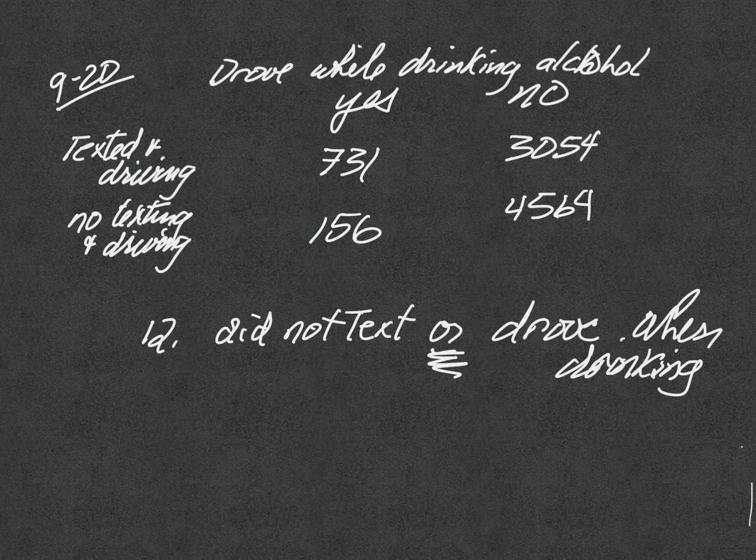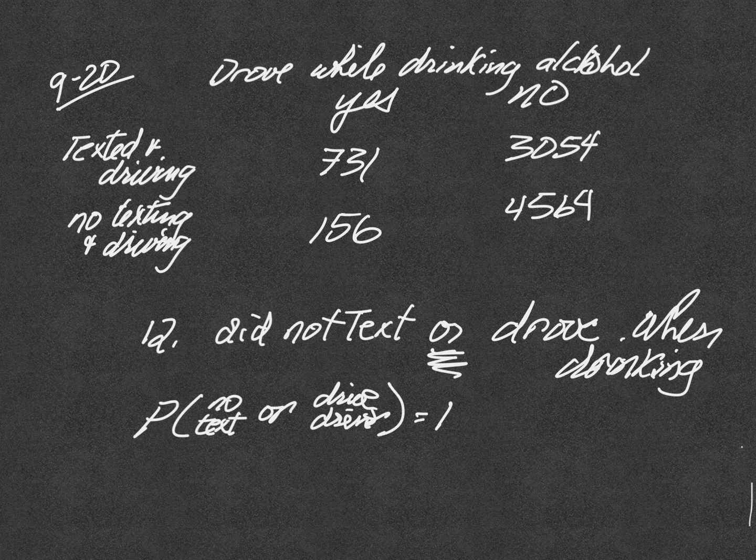So that's the problem. They did not text while they drive, or they drove when they were drinking. So this is an or probability, and so the key is that it's an or. So this is really the probability of no text and driving, or drive and drink. And so our answer is going to be the probability of no texting, plus the probability of driving and drinking.